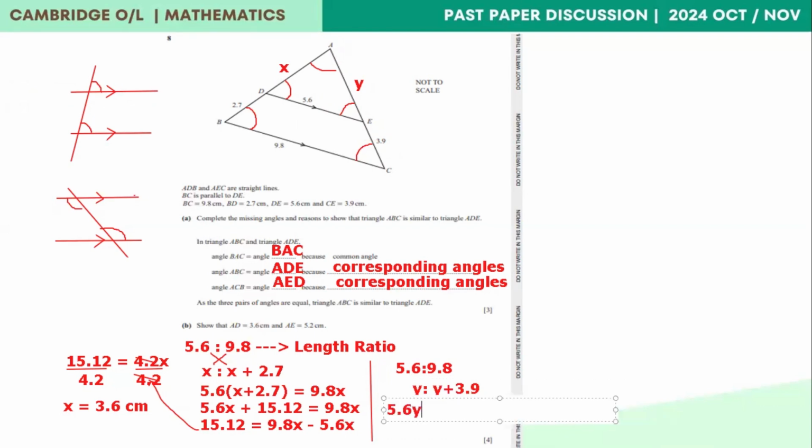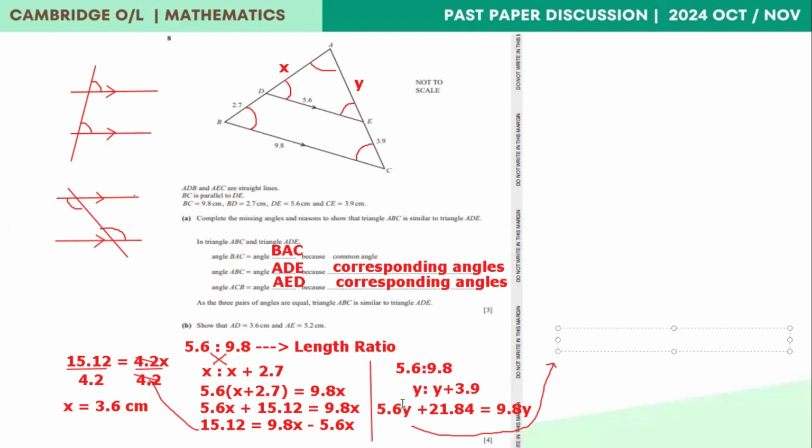5.6 into 3.9 is going to be equal to 21.84, equal to 9.8Y minus 5.6Y.